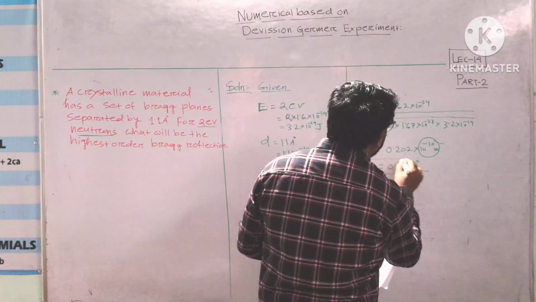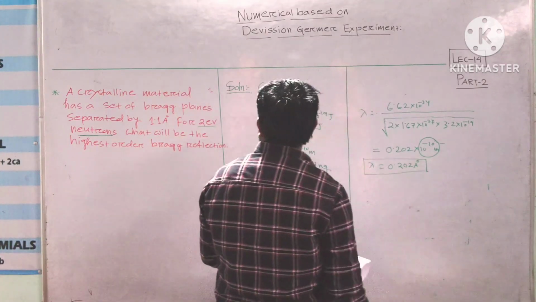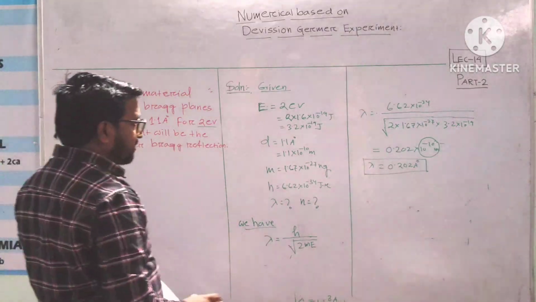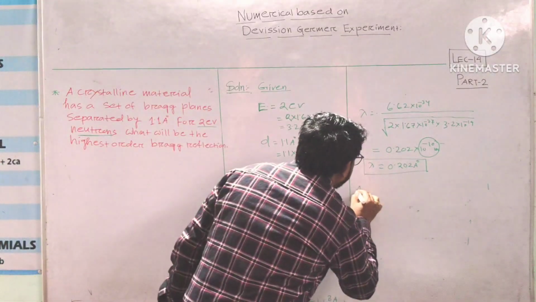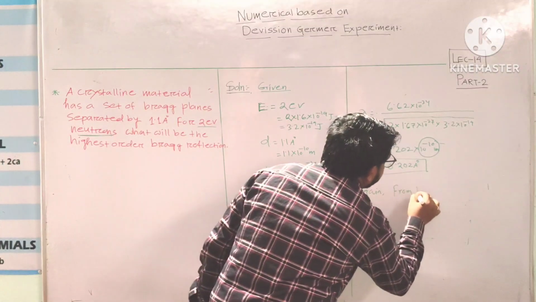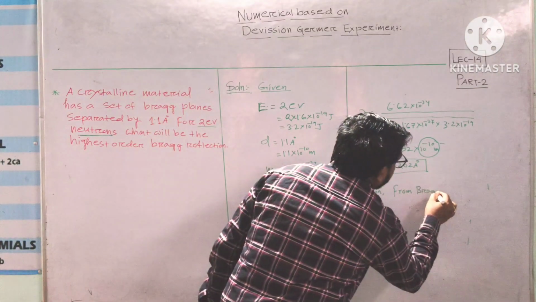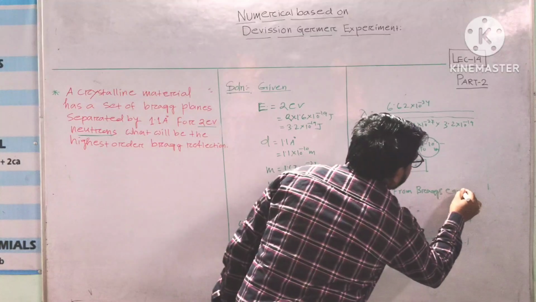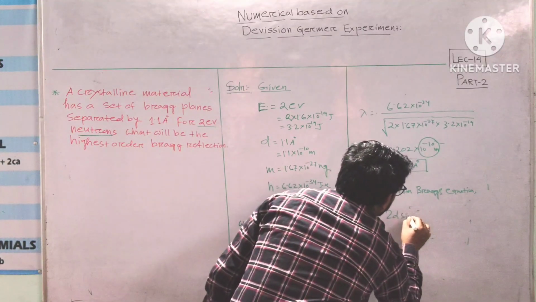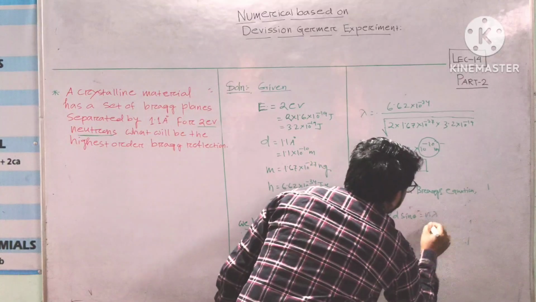Now we are going to find out what will be the highest order of the Bragg's reflection. Again we can apply Bragg's equation. From Bragg's equation, 2d sin theta equal n lambda.